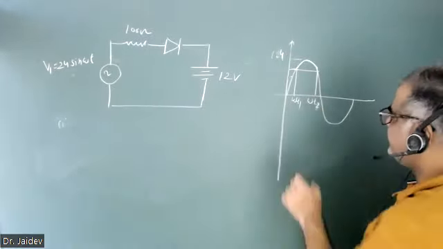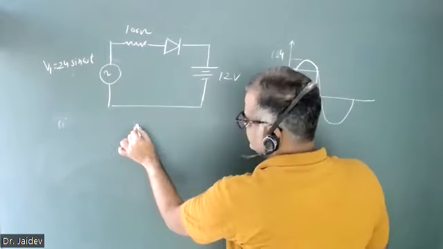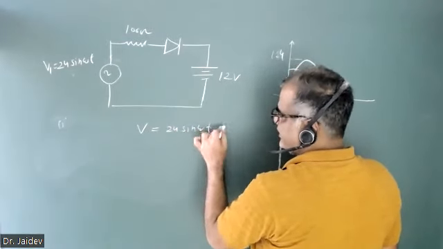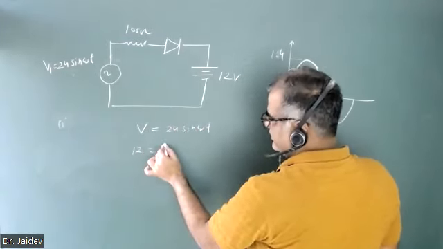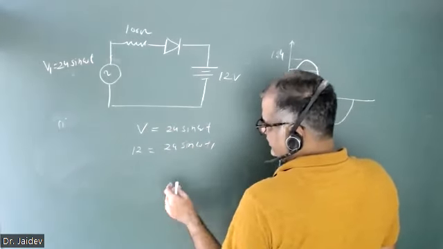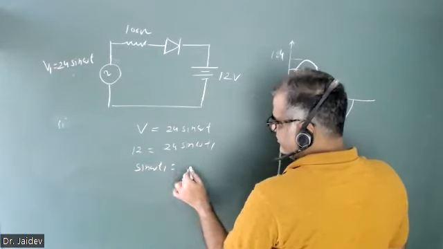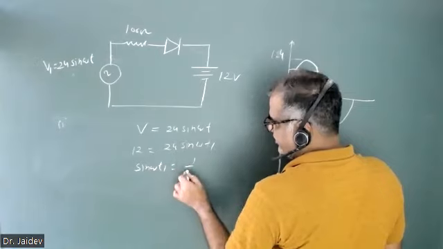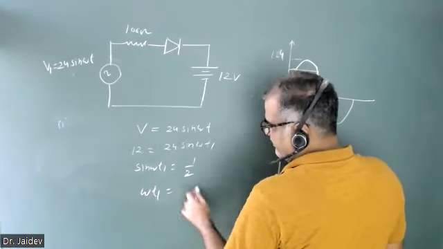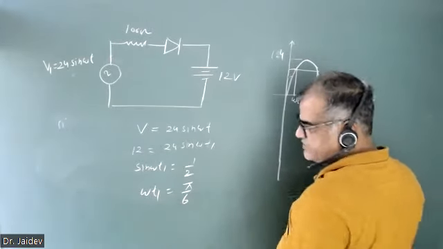Now we want to calculate this time period. This function becomes 12 at time omega t1. So sine omega t1 will be 12 upon 24, which is 1 by 2, and this gives omega t1 as pi by 6.